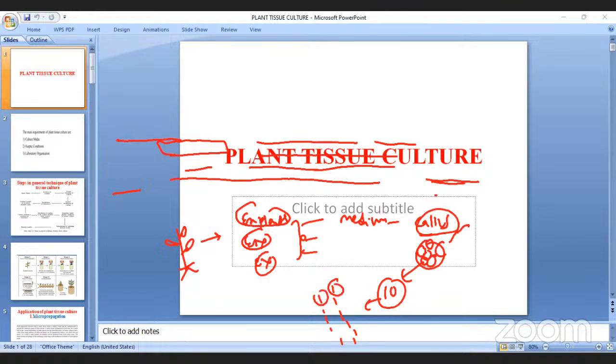So what happened here? How many donor plants are here? Only one donor plant. This one donor plant produced a number of groups of plant population. This is called micropropagation. Right? Next one.